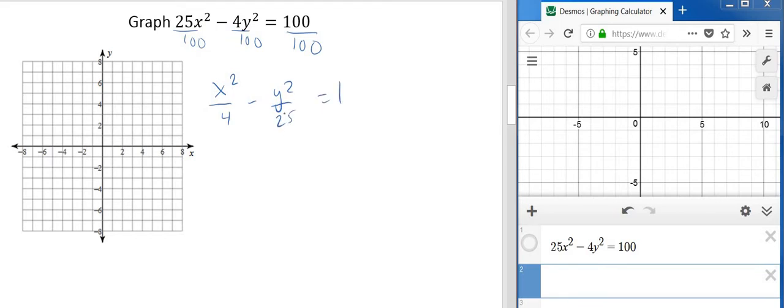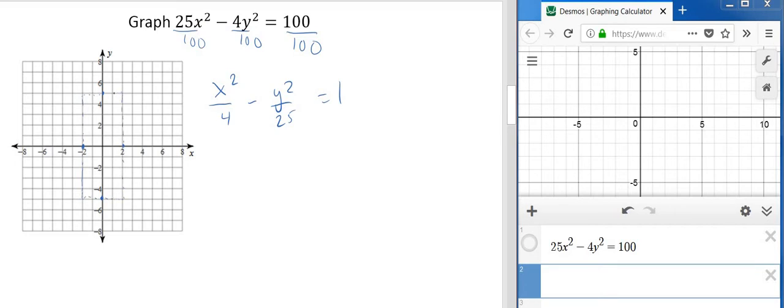Notice the bigger number is under the y. That's okay. If we went over, that's an a squared, remember, so I go over 2 and over 2. My b is going to be a 5, so I go up 5 and down 5. The way you graph these, you make a little box, with lightly dotted lines.